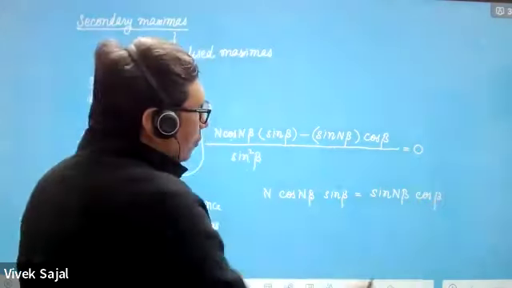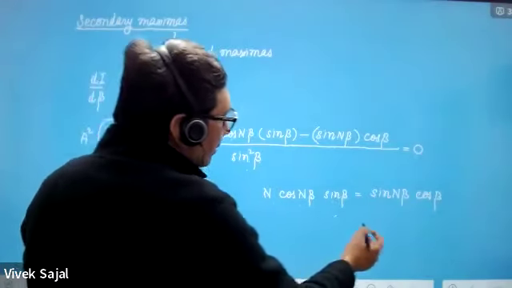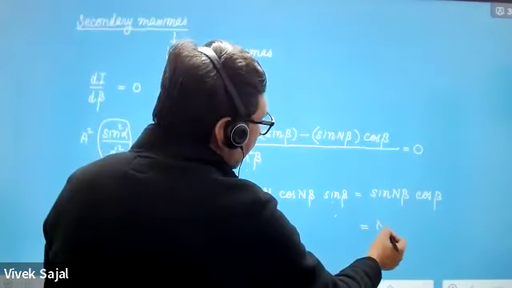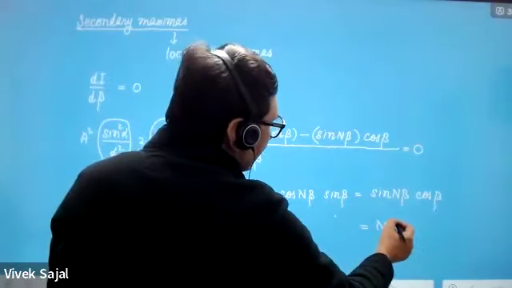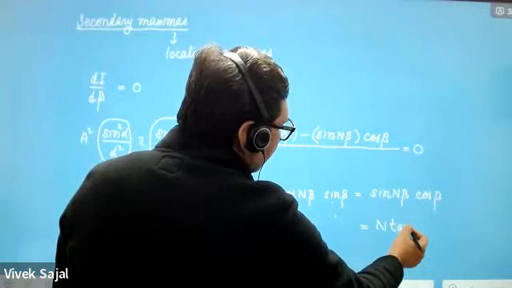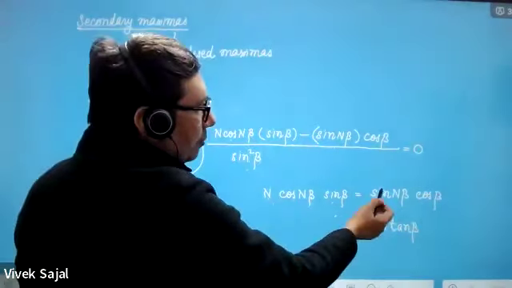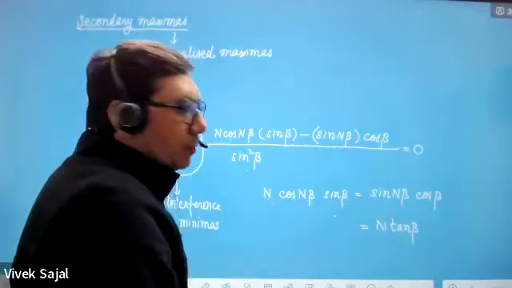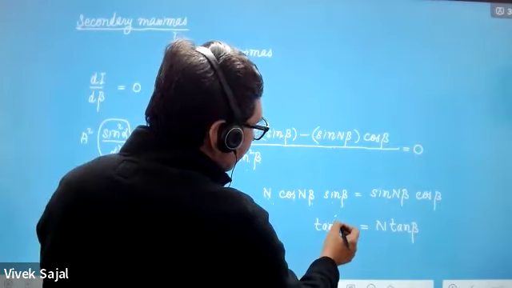So if I bring this cos beta to this side, this will be sine beta upon cos beta into n. So I write n here, and sine beta upon cos beta will be tan beta. And you take this cos n beta on this side, so this will be sine n beta upon cos n beta, that will be tan n beta.